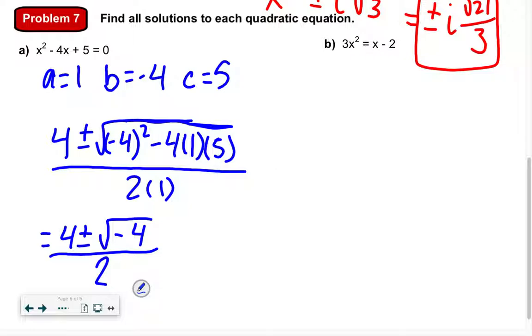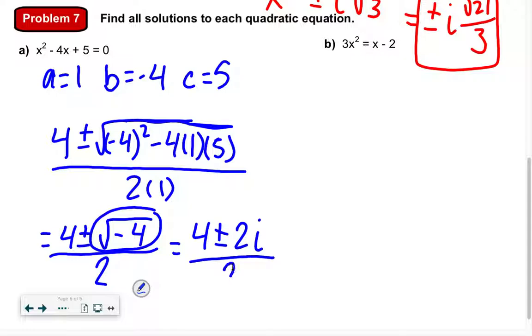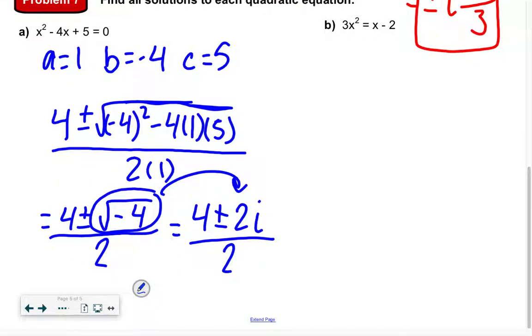What happens with square root of negative 4? Need the i. It's what? 2i. So we have 4 plus or minus 2i over 2. So that square root of negative 4 becomes 2i.